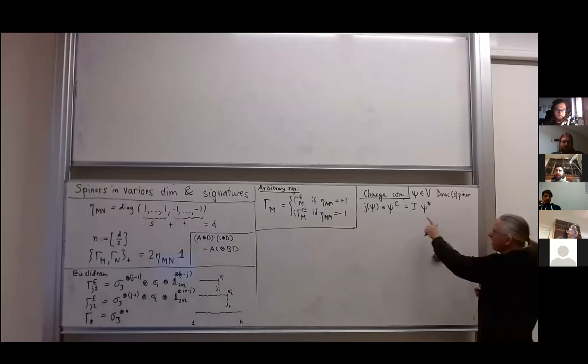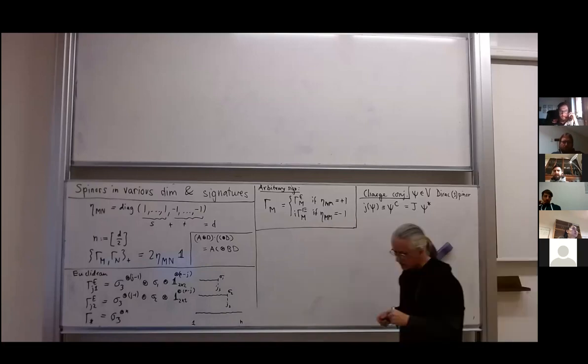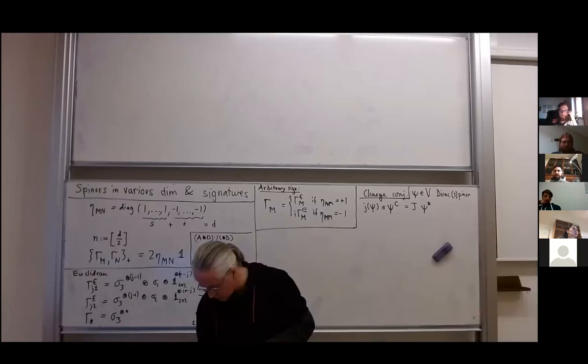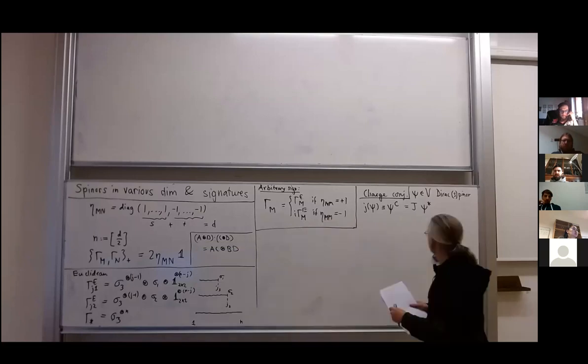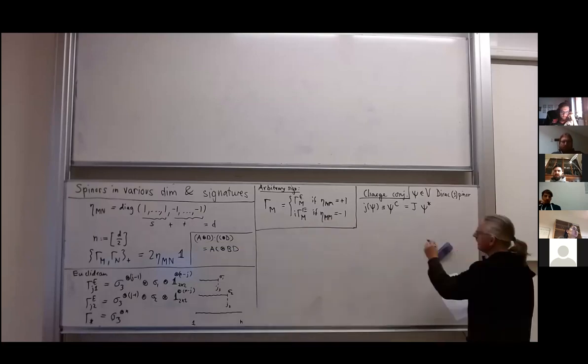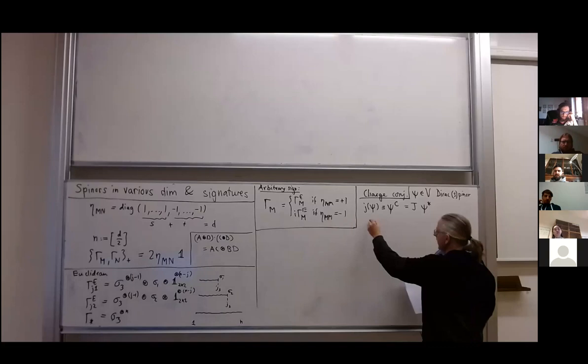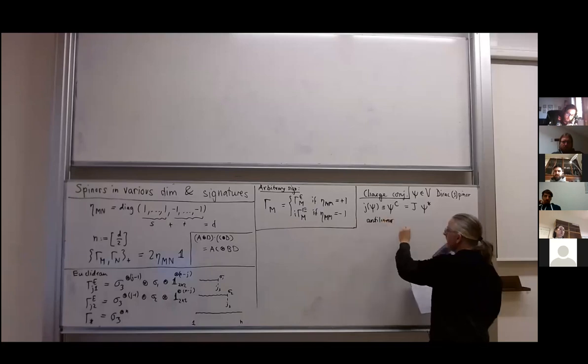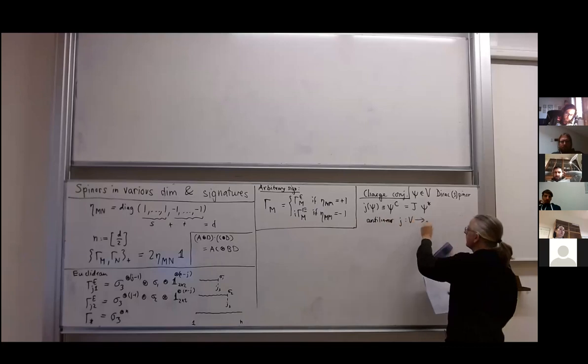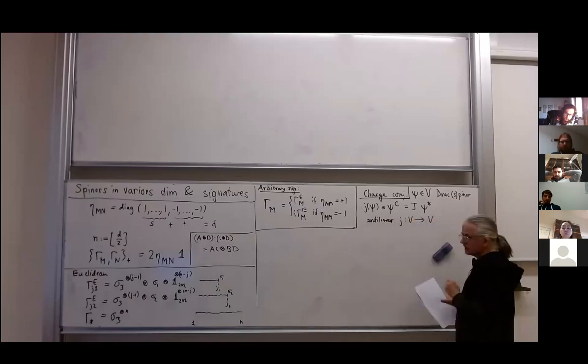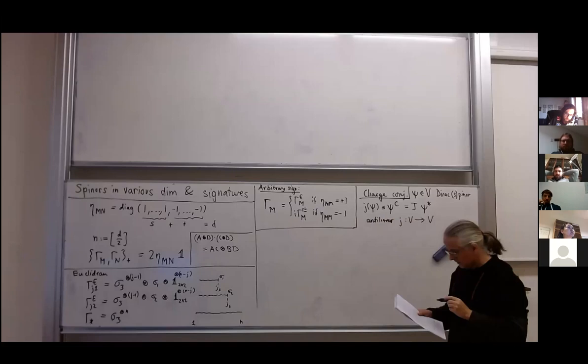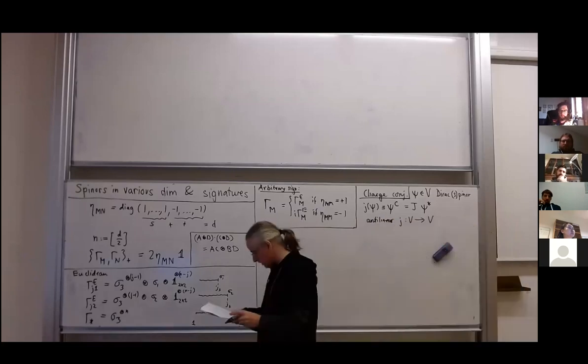But now we will look at the charge conjugation, and this should be an antilinear map J from this representation space into the representation space. Does that make sense?